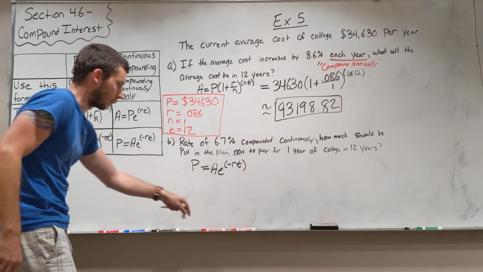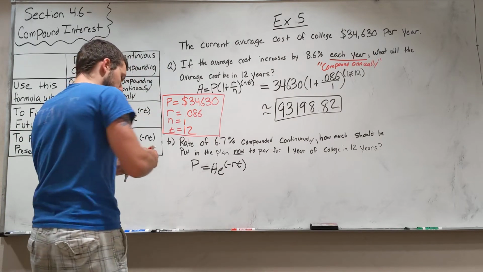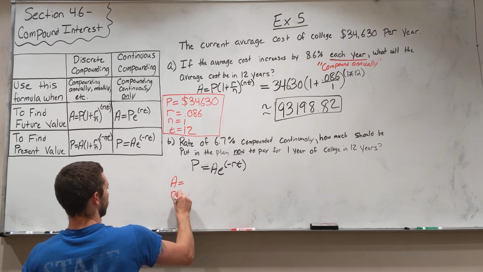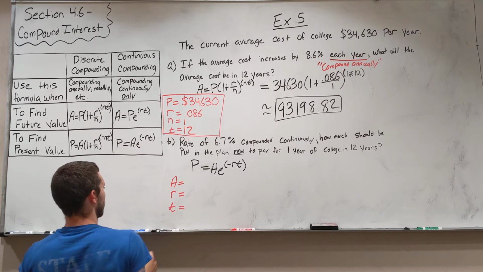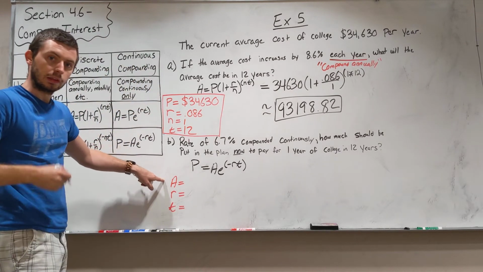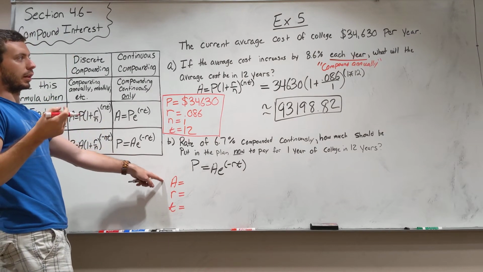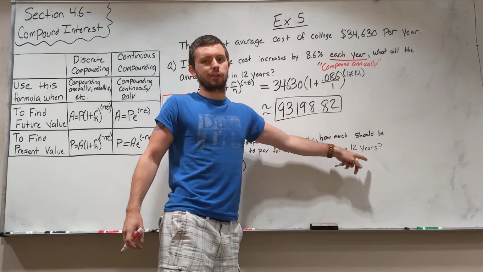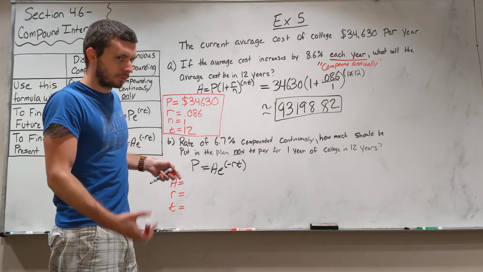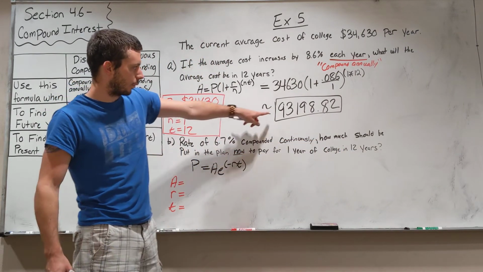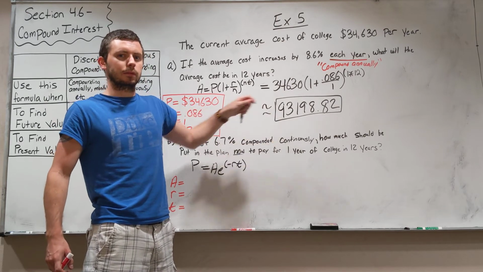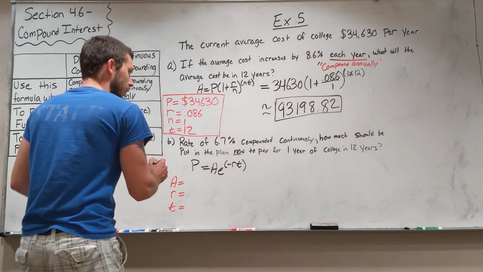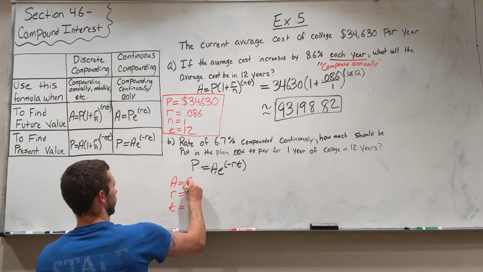And so let's go ahead and again write out what our givens are. So here A is the future value, and what that's referring to, so what 1 year of college will cost in 12 years. So it turns out it's referring to the value we found in part A. So we actually just found this value in part A. So we're going to recycle that value.